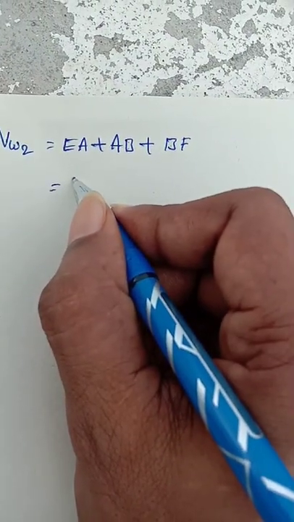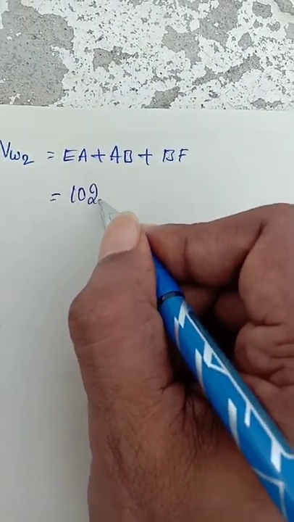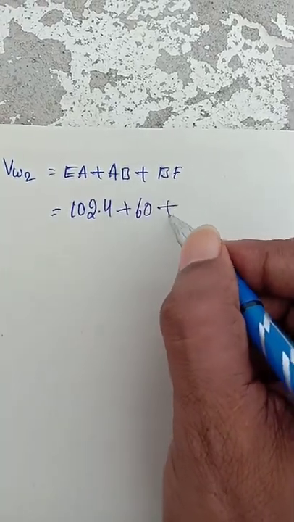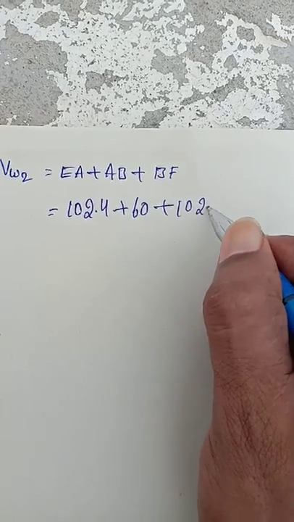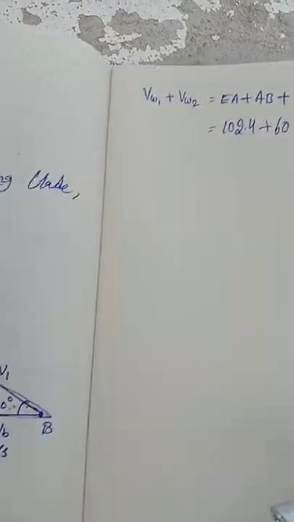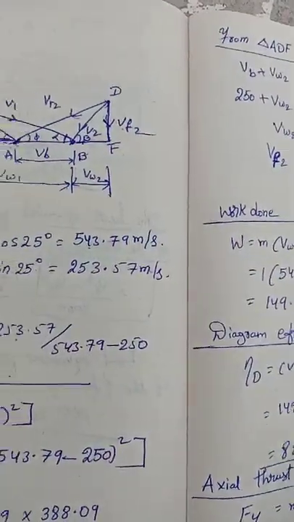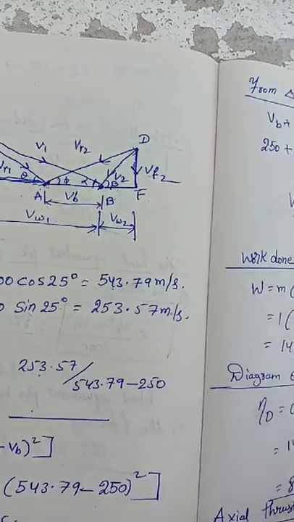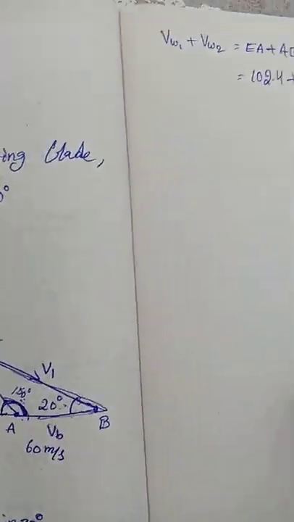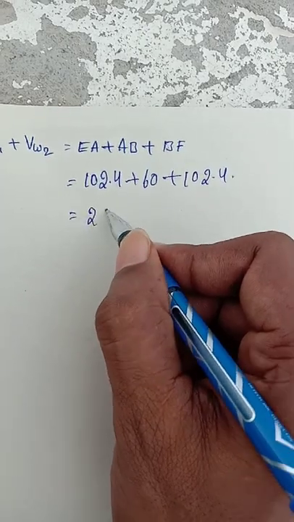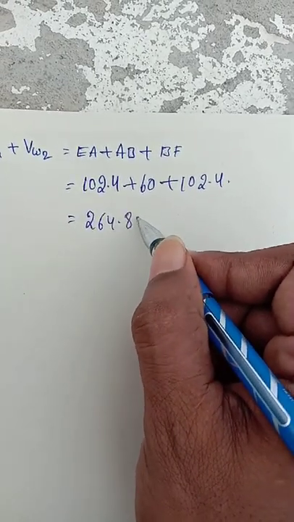Okay, now the value is 122.4 plus 60 plus 102.4 BF. So here how much value it will come, that the value it will take here BF also. Okay, and now this you can take 264.8 meter.